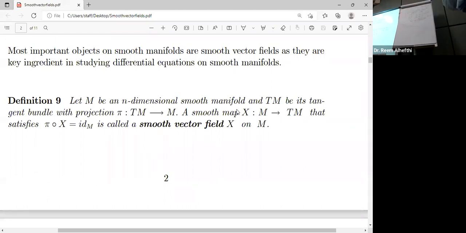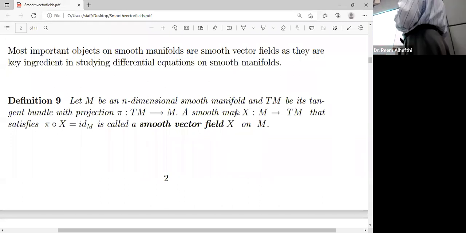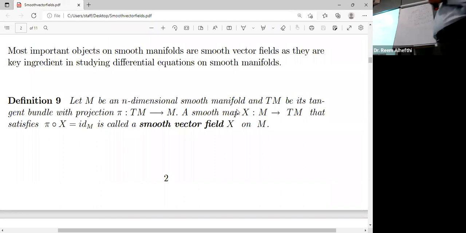Such a smooth map is called a smooth vector field. Requiring that just X_p be a vector in T_pM is not enough. It should bring back to the same place. That is the requirement for a smooth vector field.